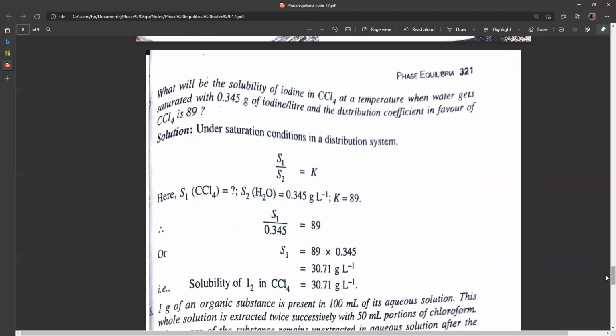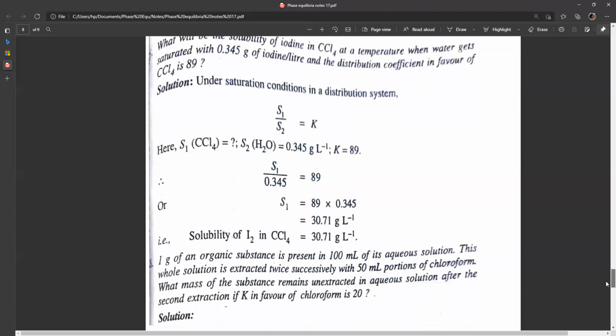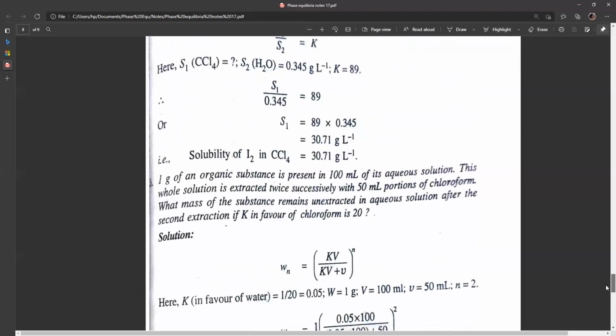We know that at saturated conditions, as we have already discussed, S1 by S2 is also equal to K. Now it's easy. S2 is given, S1 we have to calculate, and K is equal to 89.